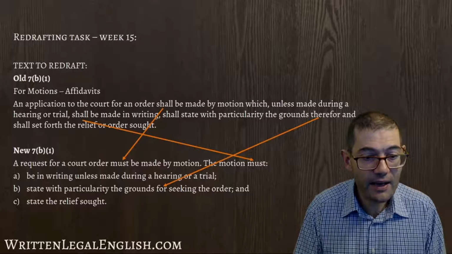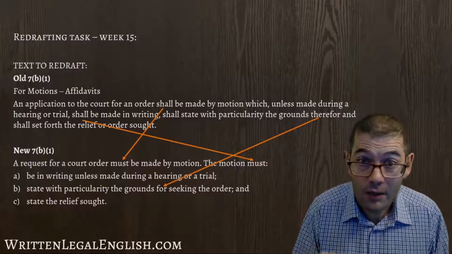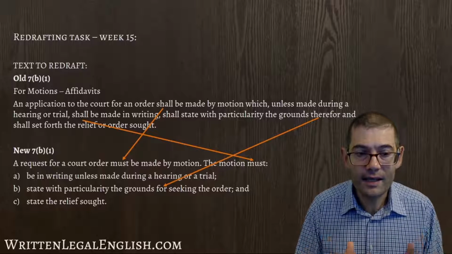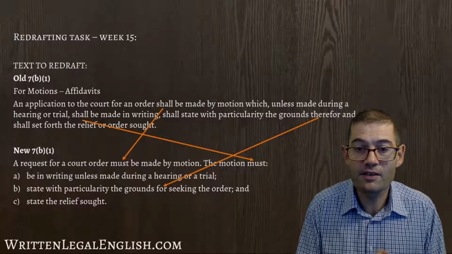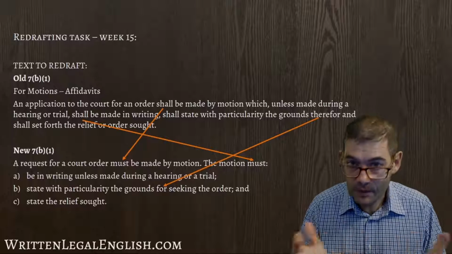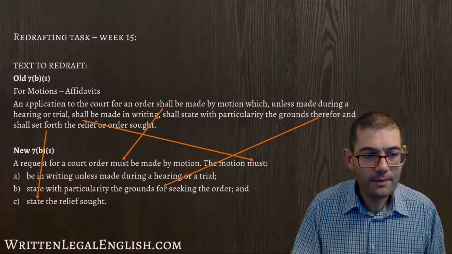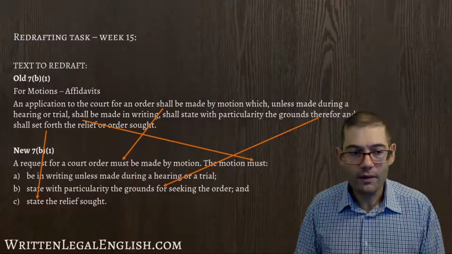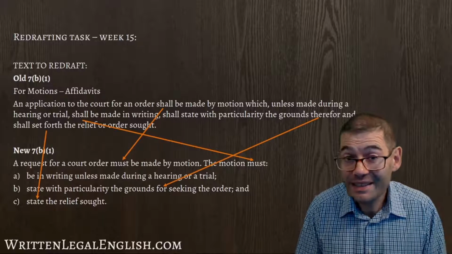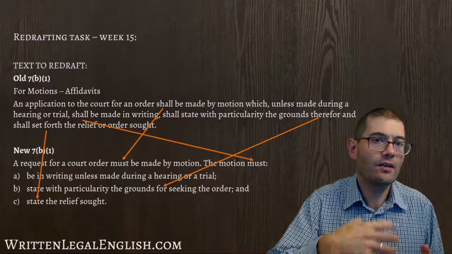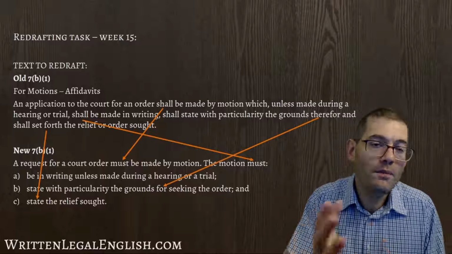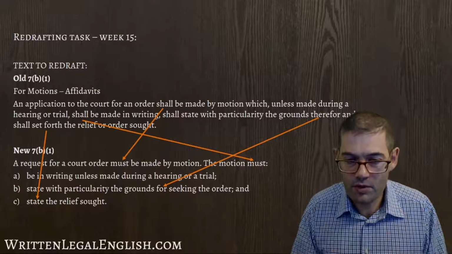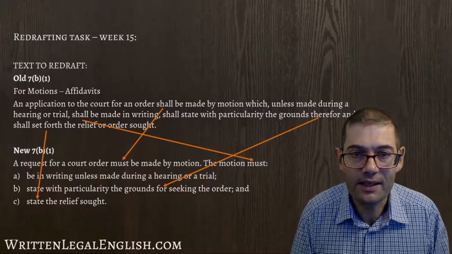State with particularity the grounds for seeking the order. Much easier than shall state with particularity the grounds therefore. I think you would agree. And lastly, set forth, which is just replaced with state. So you can see that all of the redrafts make the text a lot more approachable and easier to read.